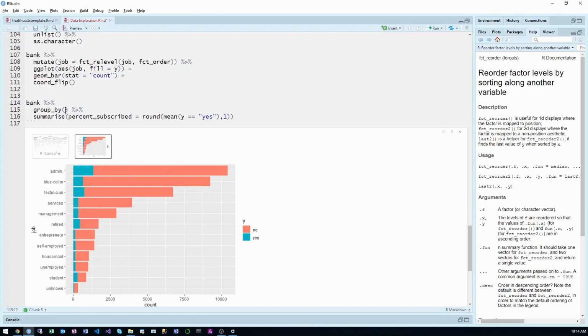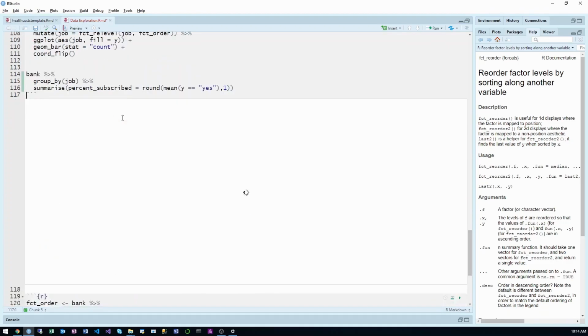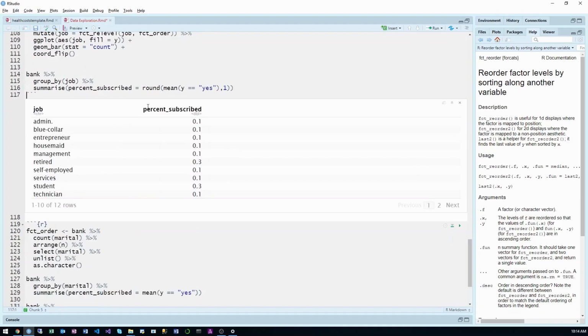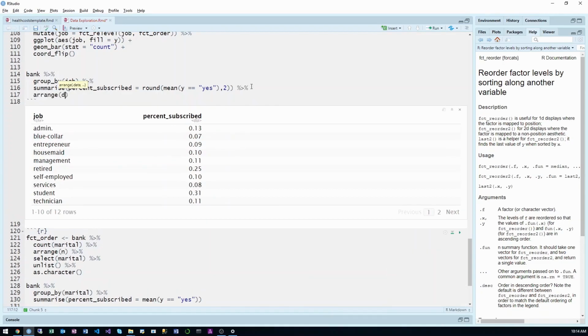So if I group by job and then look at the percent subscribed and then round to 2 decimal places. And then I want to arrange by descending. I can see, students actually 31%.